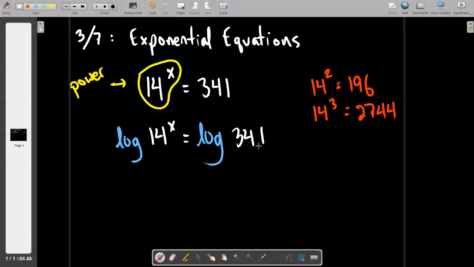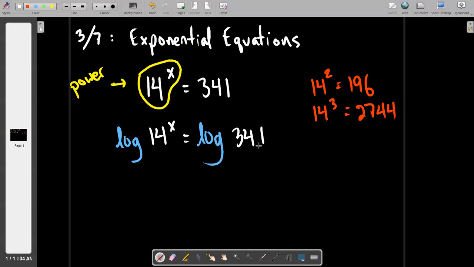Now that brings something into play. That brings in a property that we learned a long time ago, a rather useful property. I had said weeks ago when we learned this, maybe a month ago, that this would become the property that you use the most. Does anyone see anything that we can do? It was known as the third property when we first learned it. Move the exponent into the front. And that is such a power move because it takes the x that's currently hiding from us.